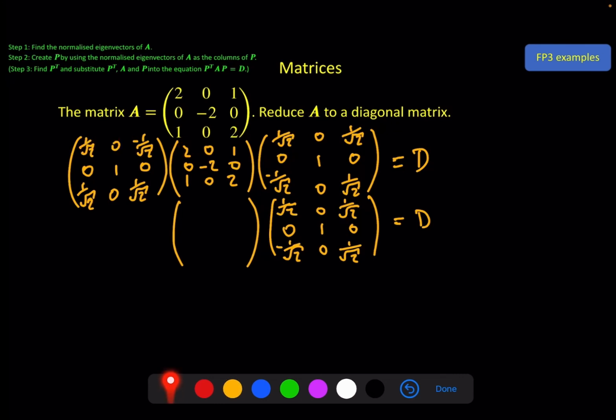Two over root 2, 0 minus 1 over root 2. That's 1 over root 2. Continuing on, we get 0, 0, 0.